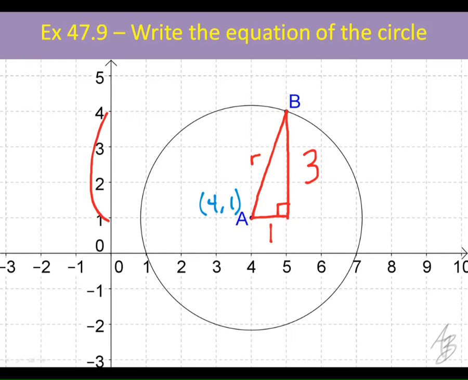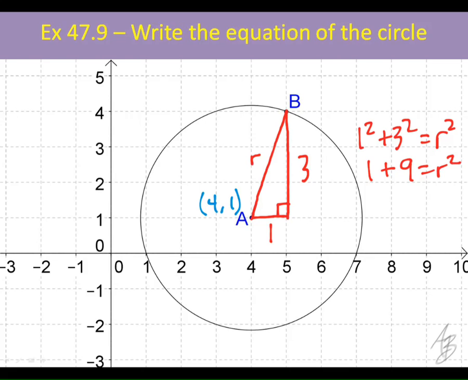And then what do we get when we set up an equation to solve for r? What'd you say? We need an equation to solve for r. 1² + 3² = r². 1 squared is? 3 squared is? 1 plus 9 is?